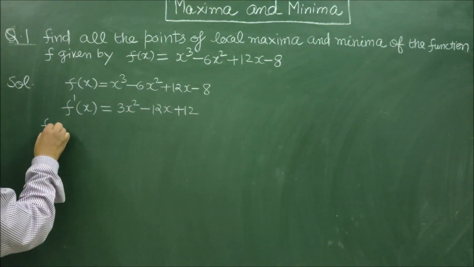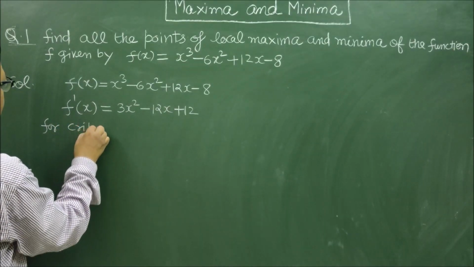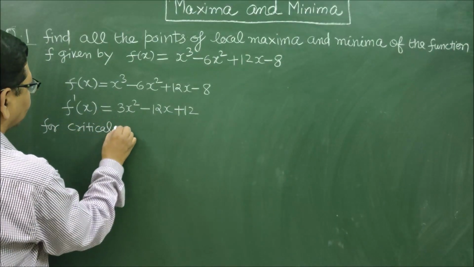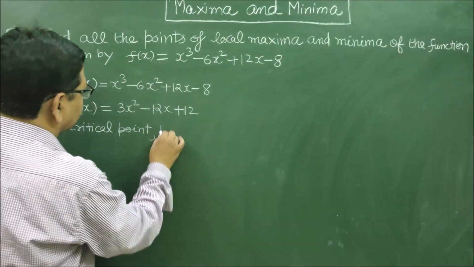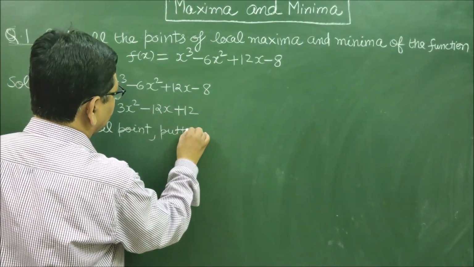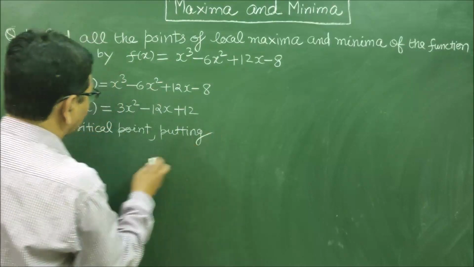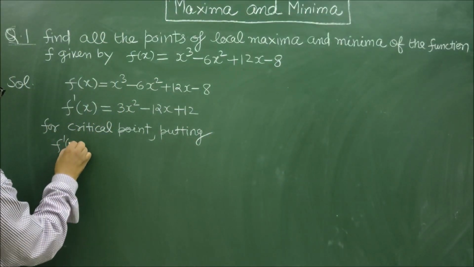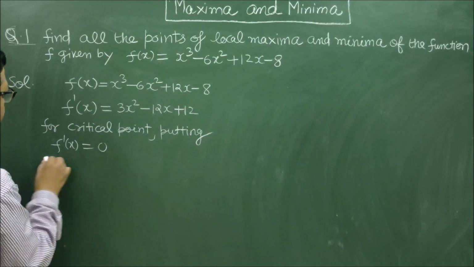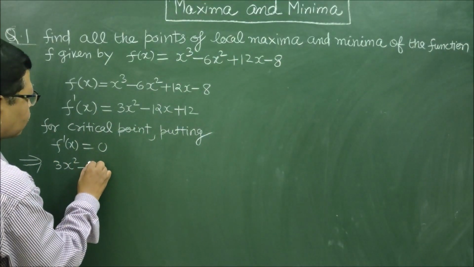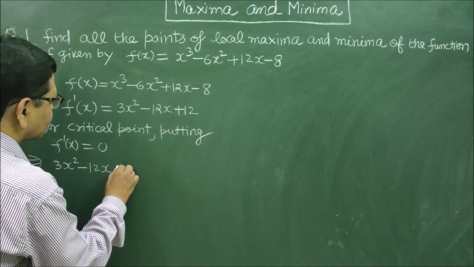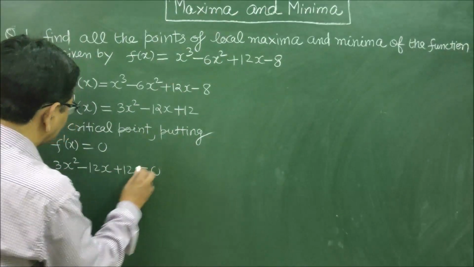For critical points or turning points, putting f dash x equal to 0. If we put it equal to 0, then 3x square minus 12x plus 12 is equal to 0.